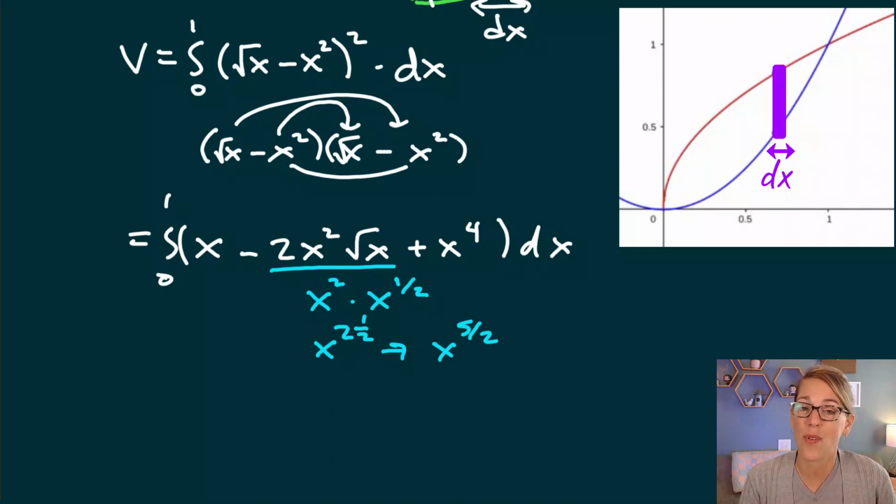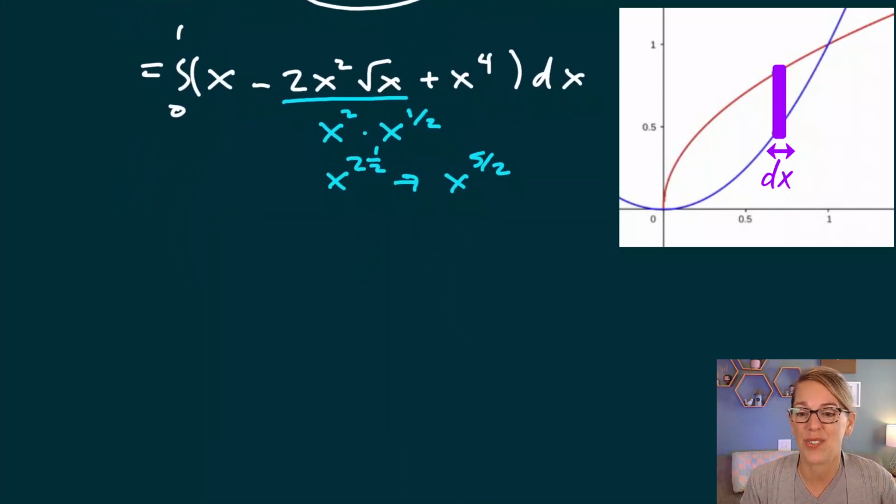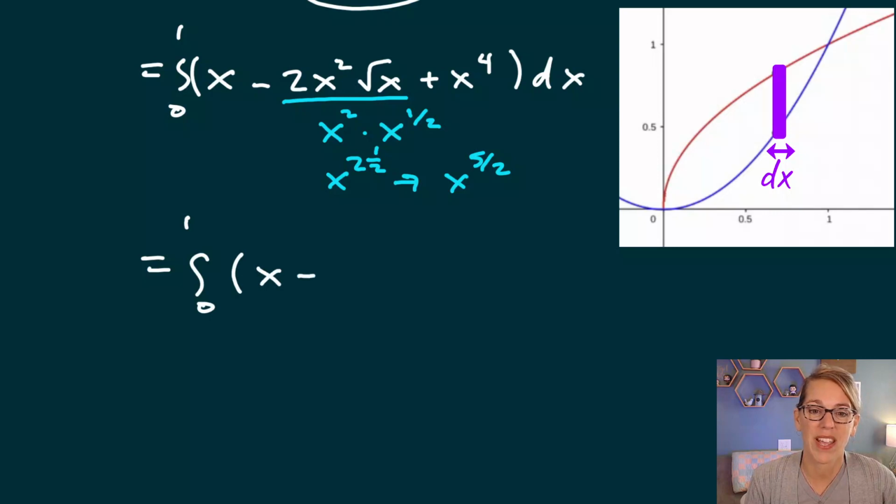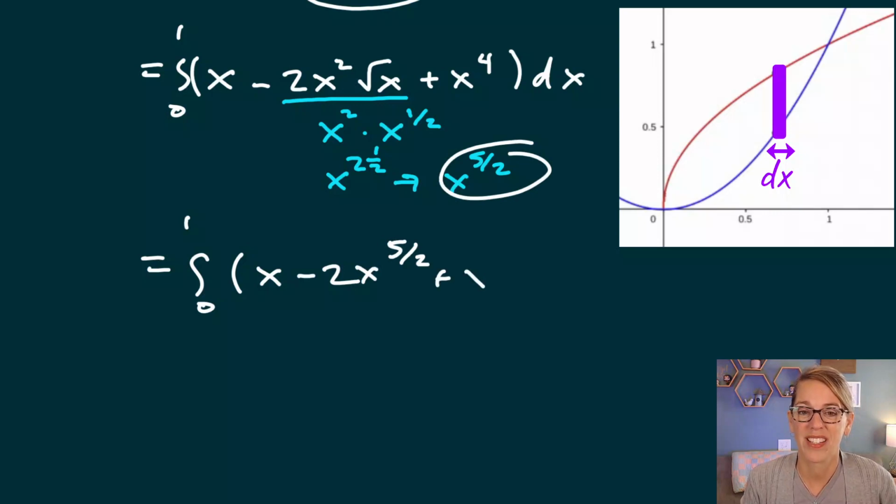I'm going to use that form so it's easy to apply my power rule to. So my integral is the integral from 0 to 1, x minus 2x to the 5/2 power, plus x to the 4th power dx.